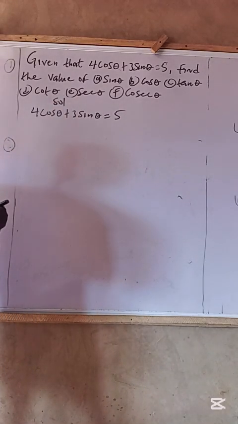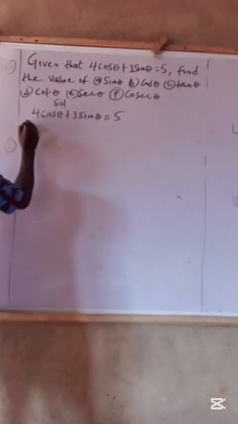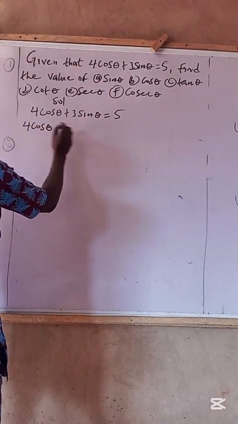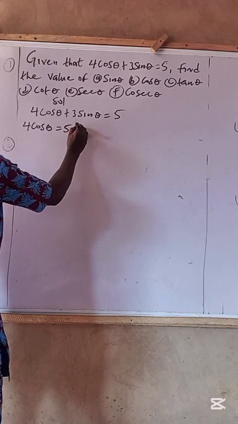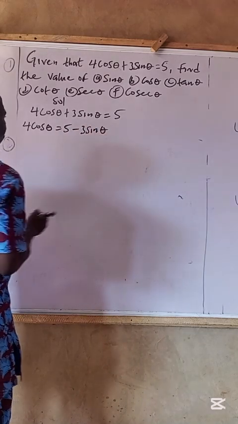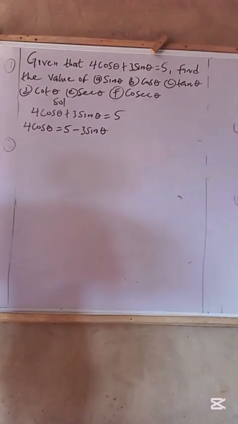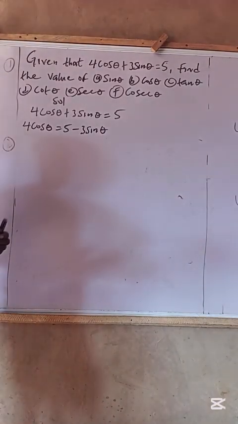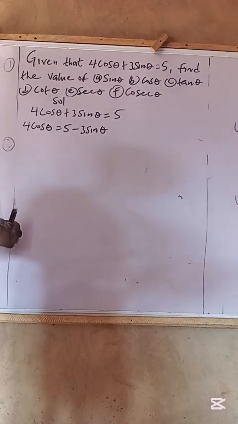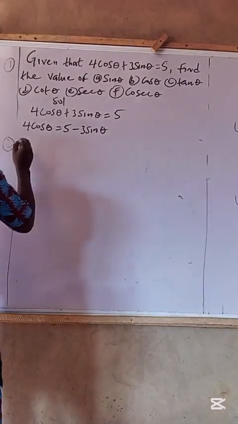Then, what can we do? Let's take this one here: 5 minus 3 sin theta. We cannot divide, neither multiply, but you can do one thing, you can square both sides.